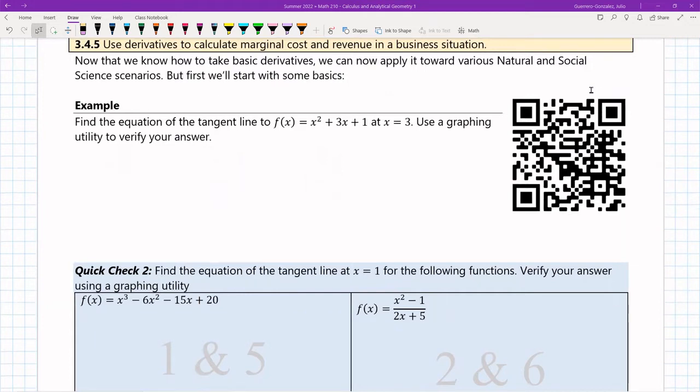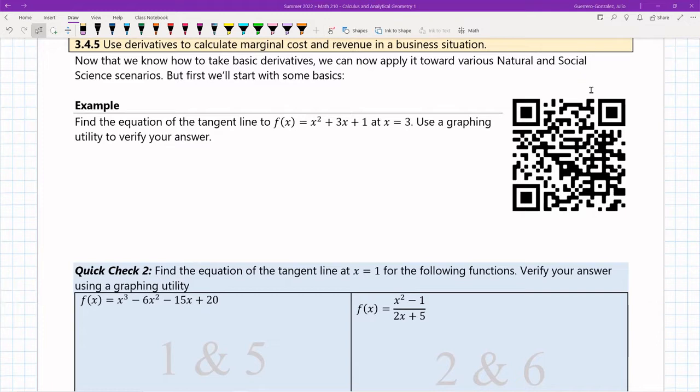Use the graphing utility to verify your answer. If you have your phone or a second screen available, go ahead and scan the QR code. It's a derivative calculator for the equation of a tangent line. I do expect all of you to be able to do the work. The calculator from the QR code is just to verify your answer. So let's jump into this one.